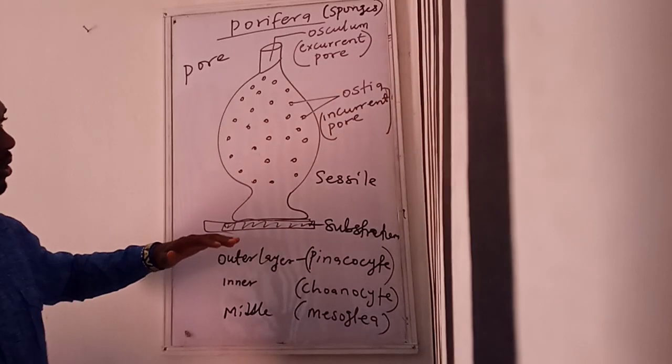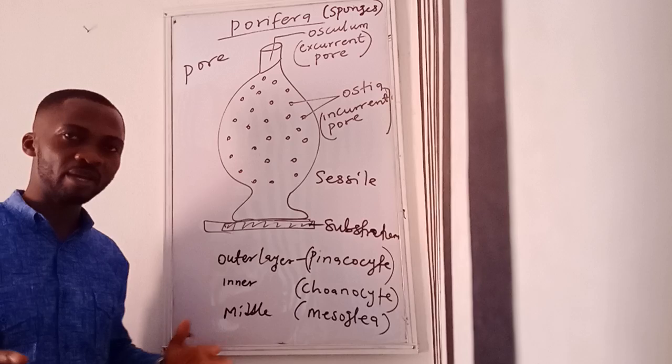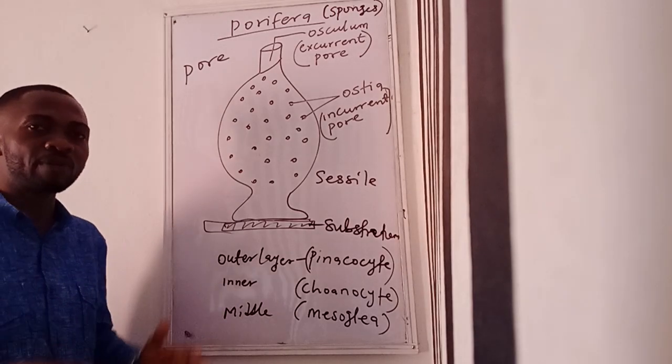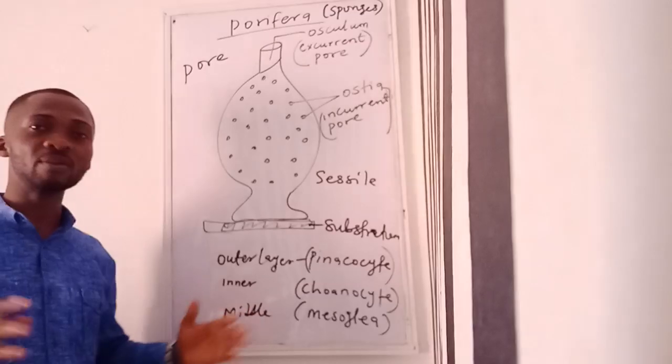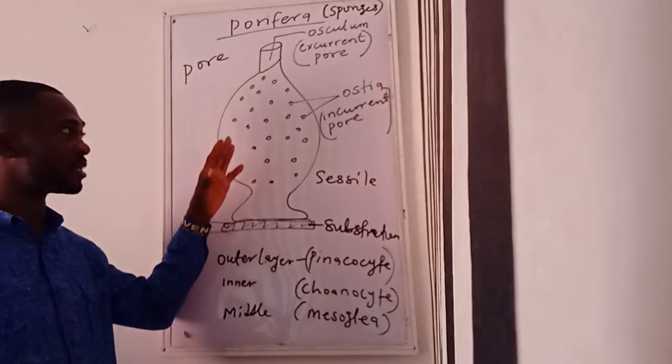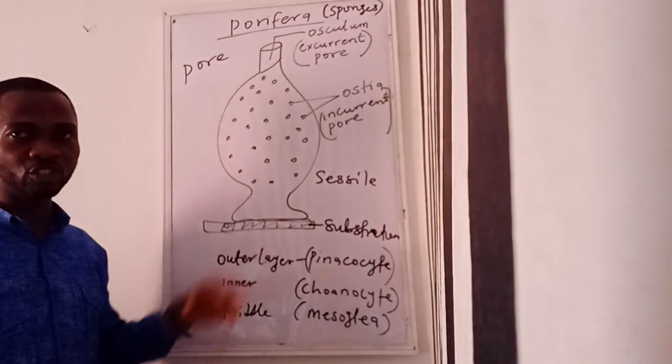It's also important you understand that they are made up of a tough network of fibers called spicules. These spicules serve as the skeleton of this organism, so that they don't shrink.